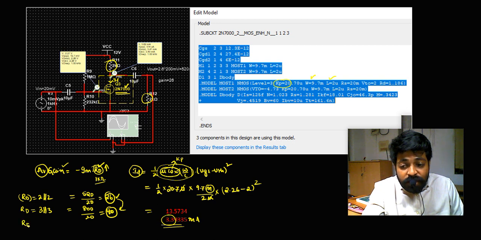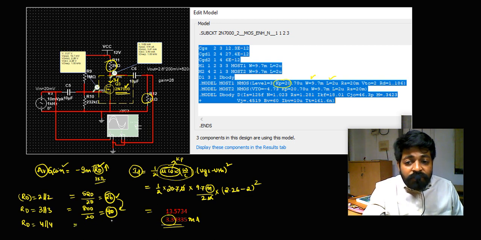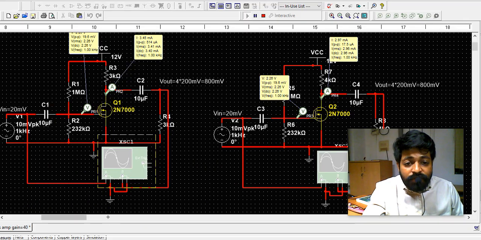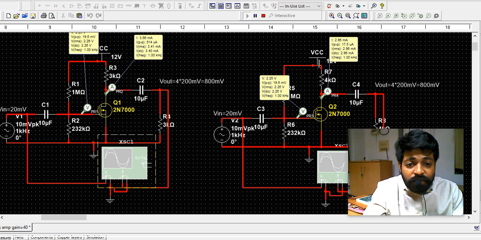For that I'm trying to go with the next case, I'm keeping 4 parallel with the 4. And I will be verifying whether the gain is getting increased or not. But unfortunately what is happening is, when I keep the resistance over here at its maximum, it tries to limit the current, so it is not giving the current that the transistor is expecting.